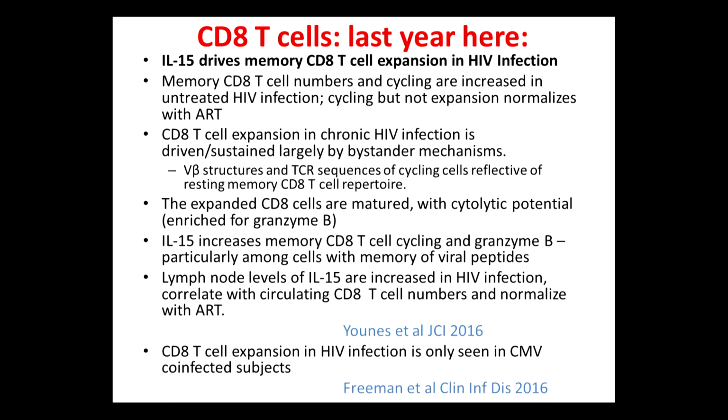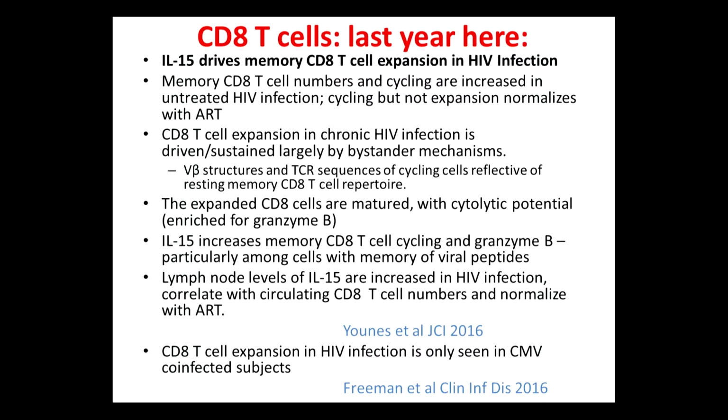Last year, I talked about this, and I'm summarizing on this slide what I said last year. I can't remember it, so it's on a slide. Maybe you'll remember it, but what I showed you last year is that the cycling of memory CD8 T cells was increased in untreated HIV infection.